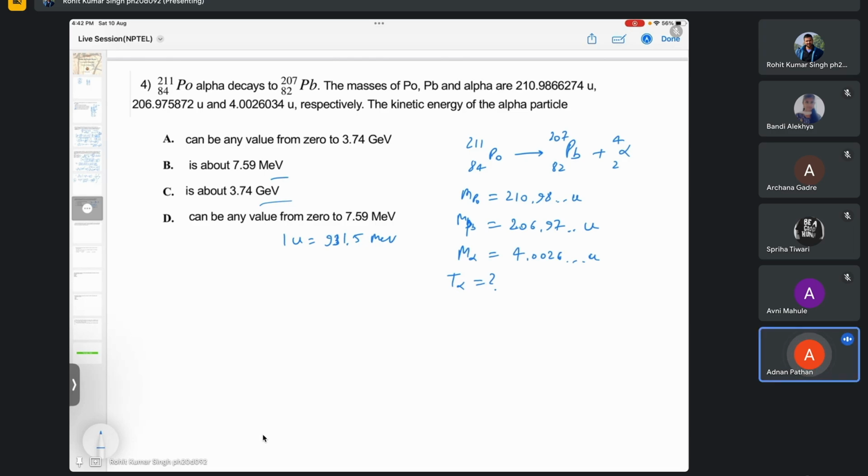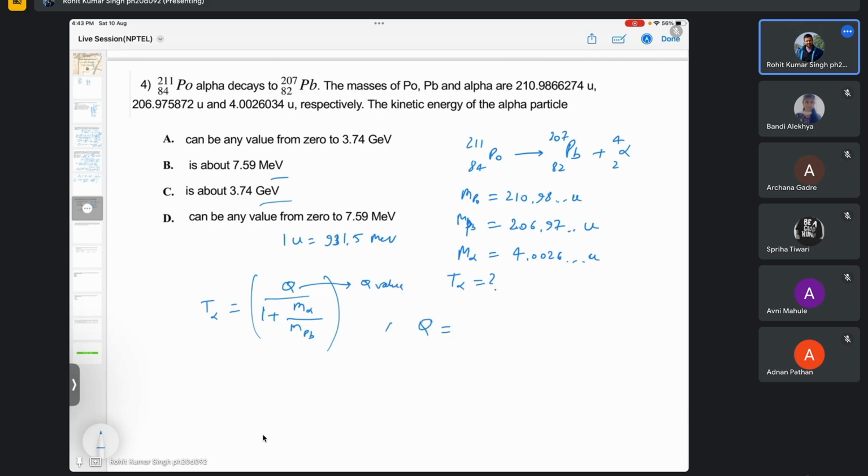So we have a formula. Let me write the formula. The formula is something like this. This is just the ratio of the alpha particle and the decayed daughter, and this is the Q value of the reaction. What is the Q value?